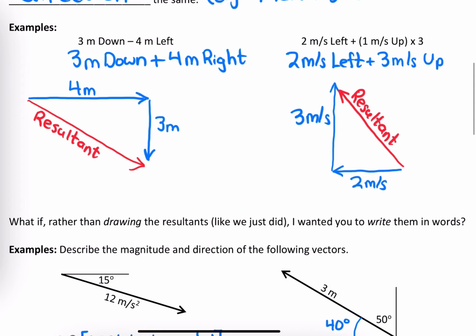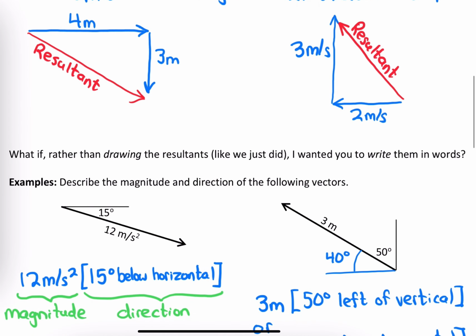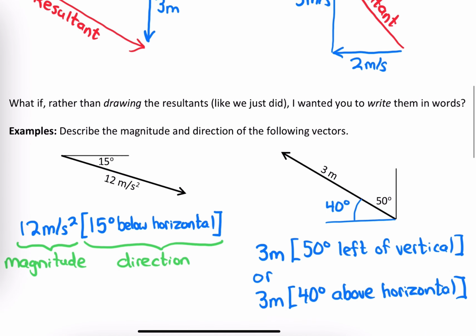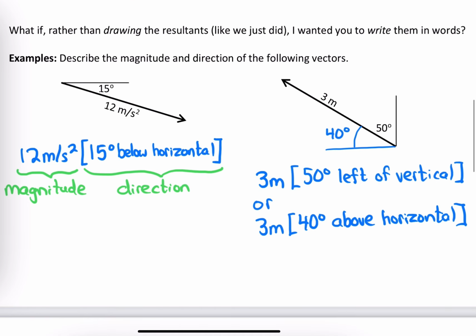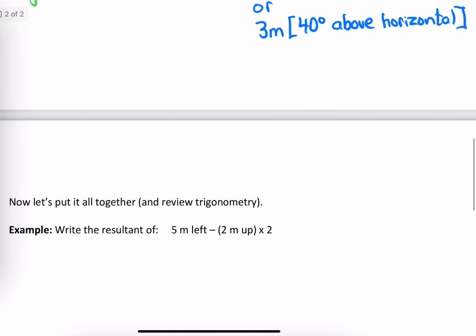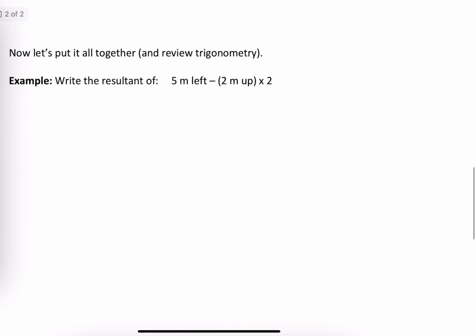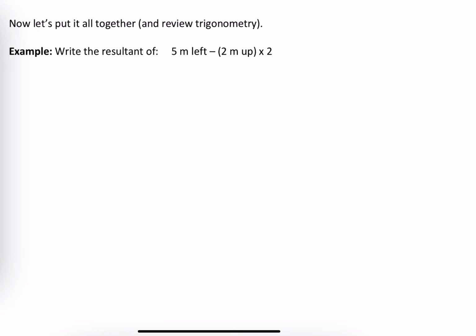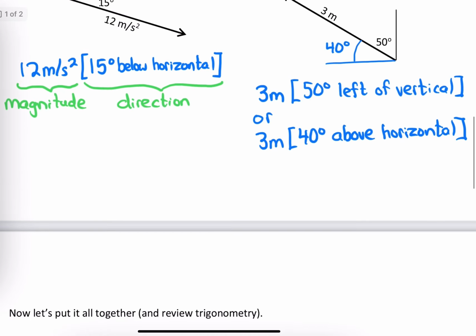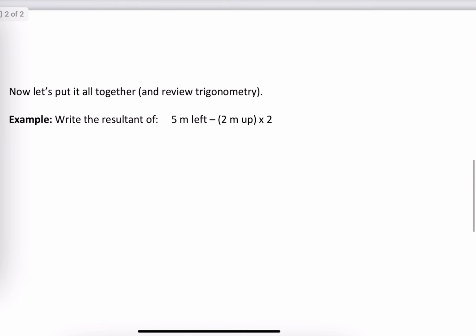And here we said, okay, if we have a resultant and we want to describe its direction in words rather than just sort of sketching it, this is some language we can use to do that. So now let's put it all together and let's take a vector math problem, solve it, draw it out, and find the resultant so precisely that we can express it in words using degrees for our direction.